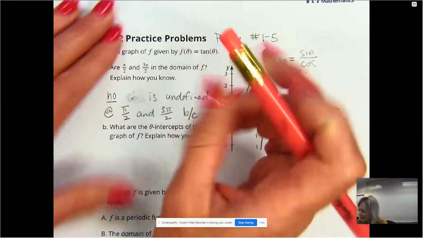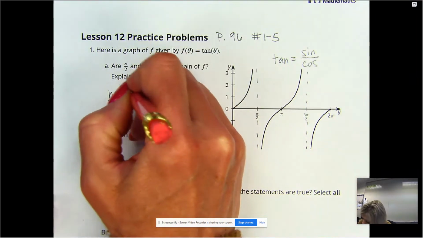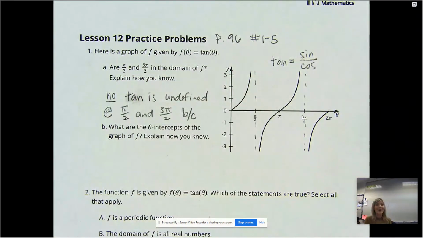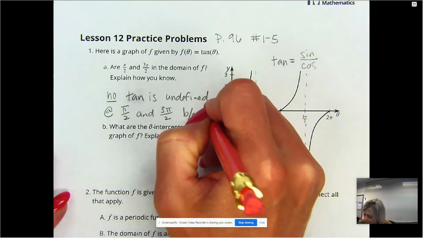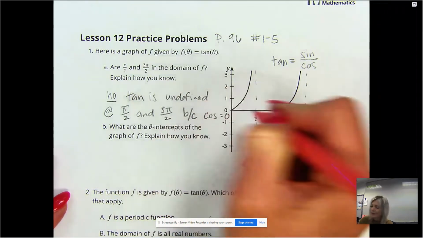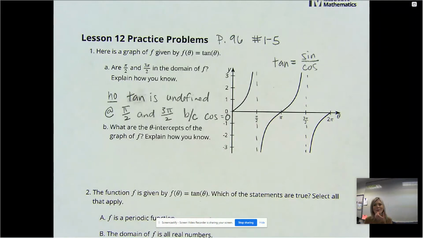It's because the cosine is equal to 0. So tangent is undefined at pi over 2 and 3 pi over 2 because that is where cosine is equal to 0. All right, and we can't divide by 0. Dividing by 0 is undefined.